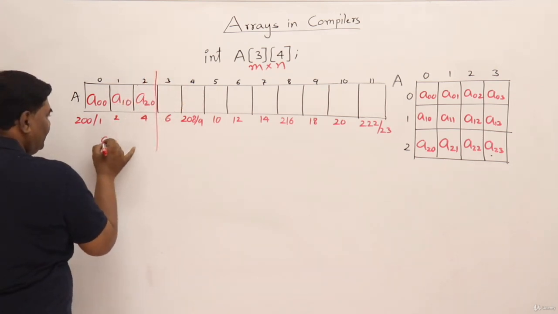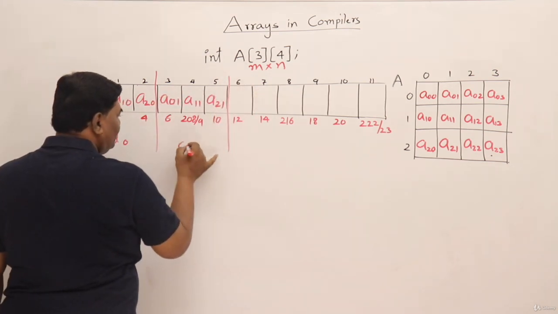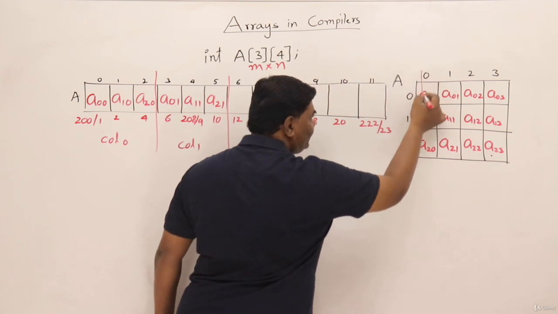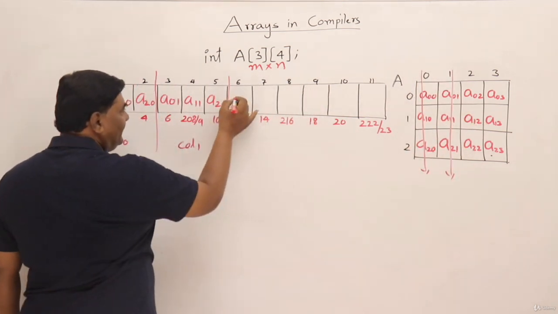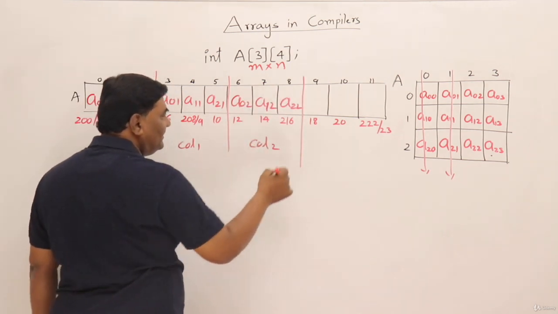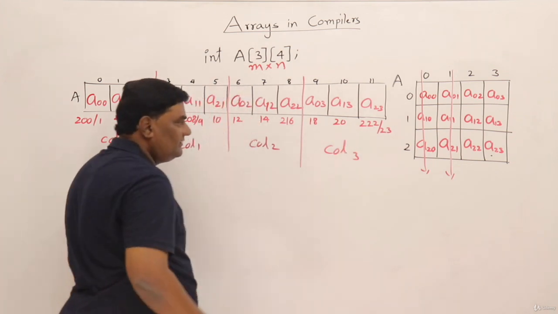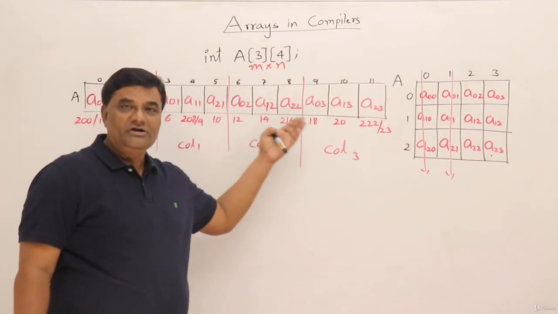This is column index 0. Then this is column index 1. I have finished with these elements. Now the next column, A[0][2]. This is column 2. Then this is column 3. So the elements of a two-dimensional array are mapped column by column.